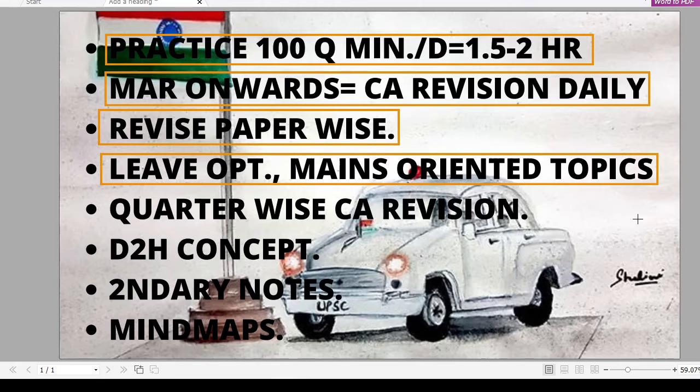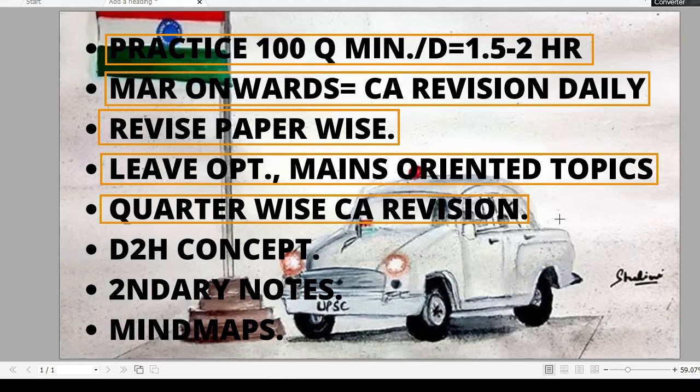Okay. Then the next point is quarter-wise current affairs revision. The current affairs revision should be quarter wise. Why, I will tell you. When I take the magazine of one year, it feels a little more stressful when I read all the 12 months of current affairs at once.